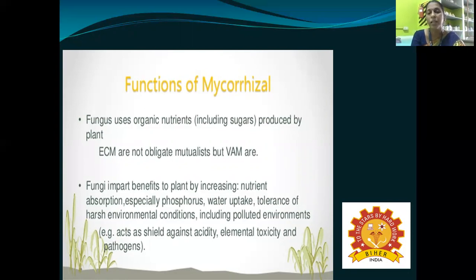The environmental conditions, including even polluted water or soil, are not fit for the plant to grow. Because of this, these are important features in this tolerance activity. Therefore, it acts as a shield. Shield means protect. So it protects against acidity, elemental toxicity, and pathogens.